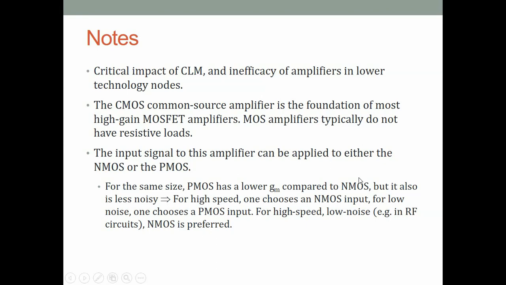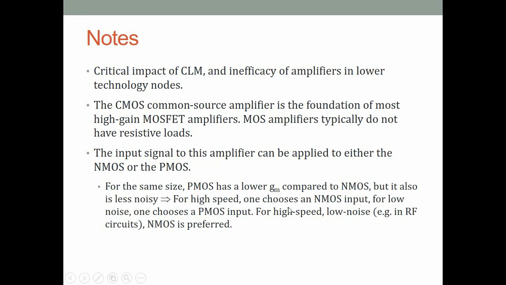The advantage the PMOS has is that it turns out that due to the very difficult and detailed physics of how holes behave at the interface of silicon, the PMOS produces less noise compared to the NMOS. So if one wants high speed, then one chooses NMOS, because the size of the NMOS will have to be smaller, and therefore it will offer less capacitance to the incoming input signal.